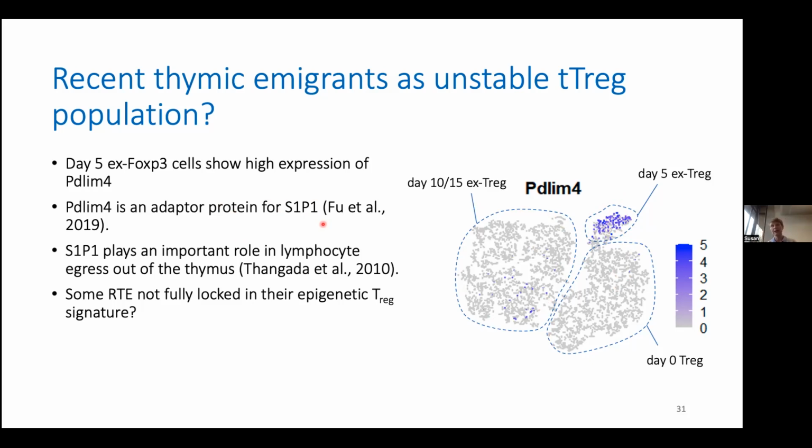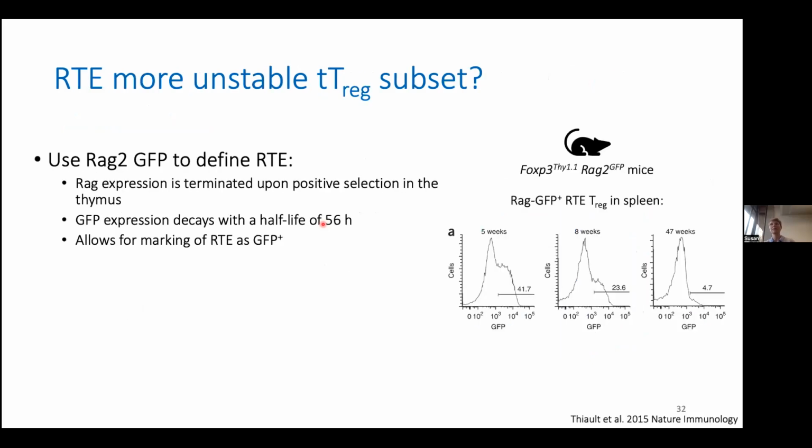That made us wonder whether some of the RTE are giving rise to X-Treg in the periphery, and whether some of the RTE have not yet fully locked in the epigenetic Treg signature. We tested that by using mice in which you can identify the RTE in the periphery by GFP expression.